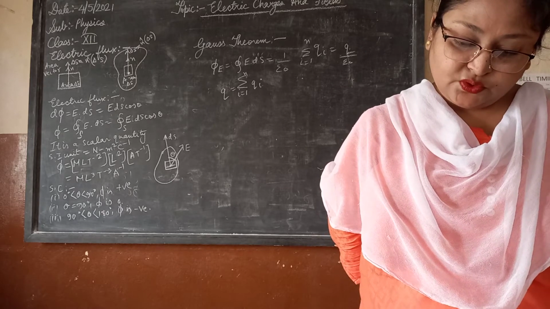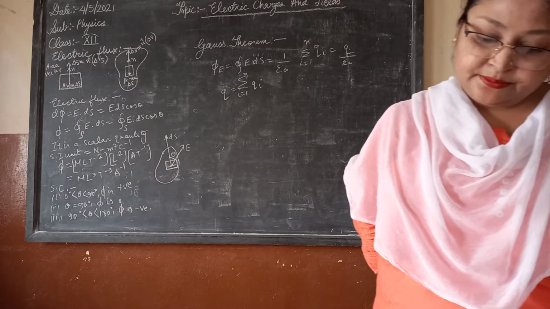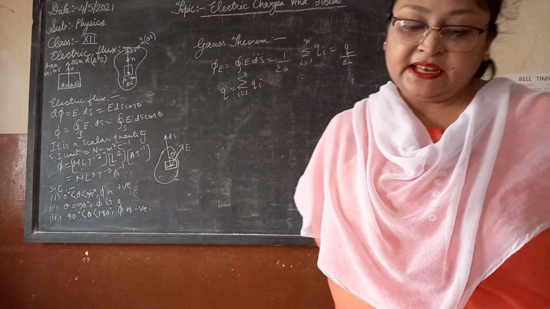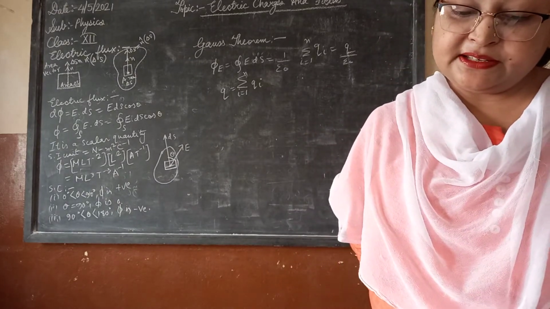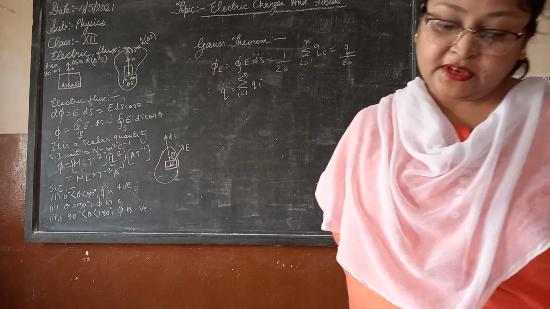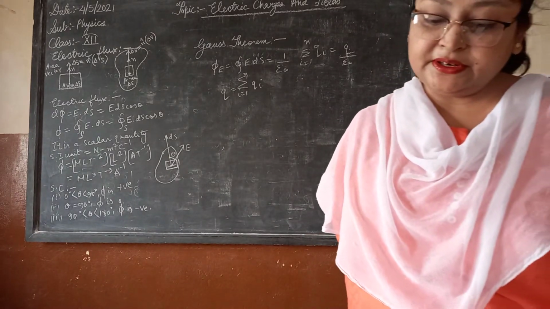Total electric flux over the whole surface S due to the electric field is given by this particular formula. You know it very well. And electric flux is a scalar quantity, but it is a property of the vector quantity. The SI unit of electric flux is Newton meter square coulomb raised to -1.